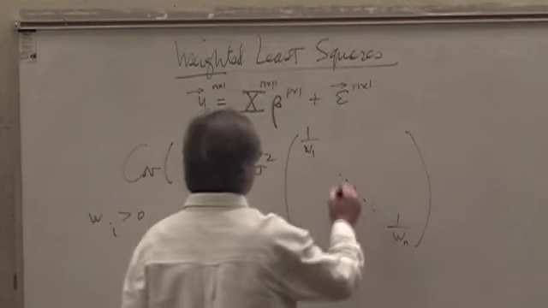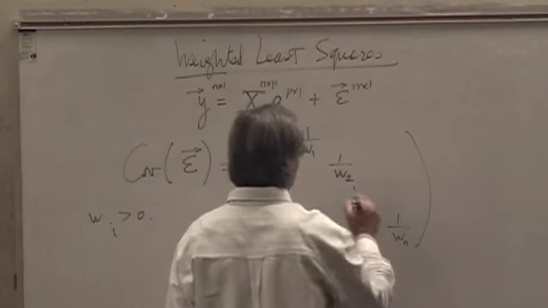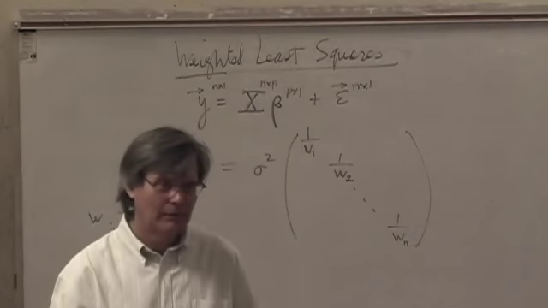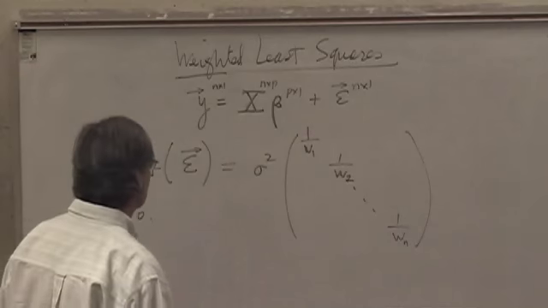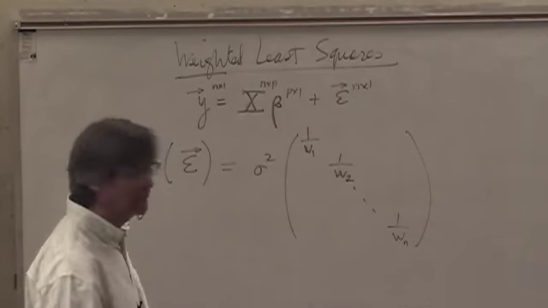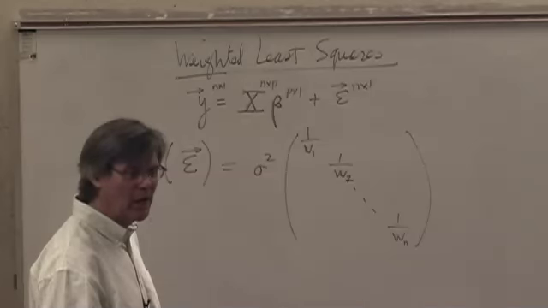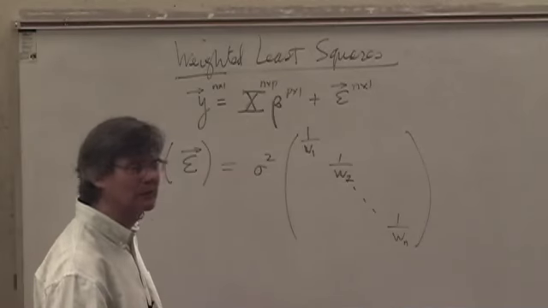This is a certain parameterization. So the variances are proportional to the reciprocals of the w's. There's some column of w's that I'm going to introduce.